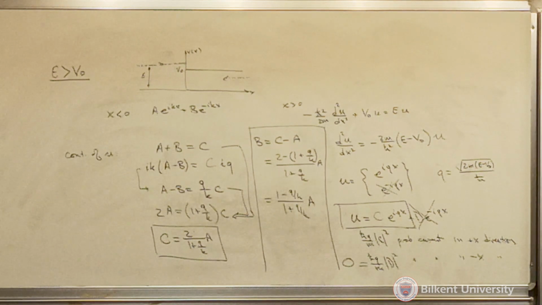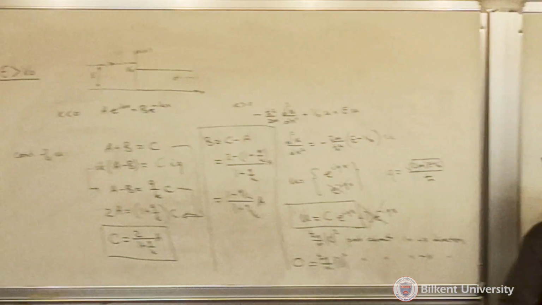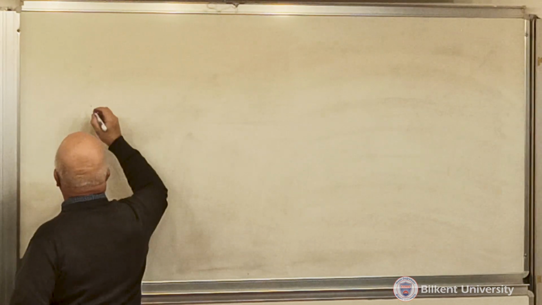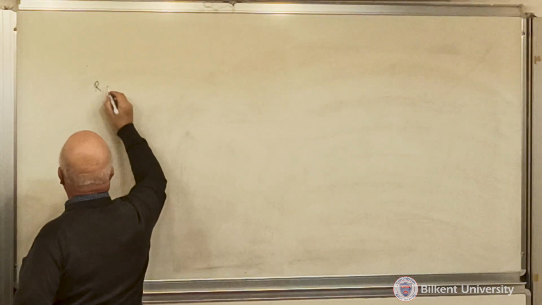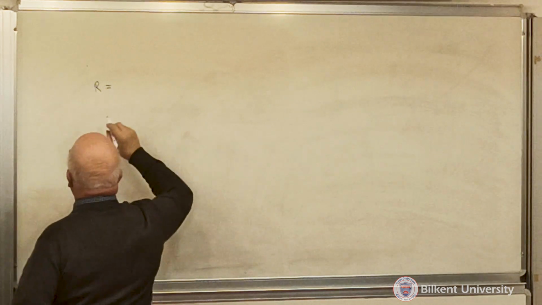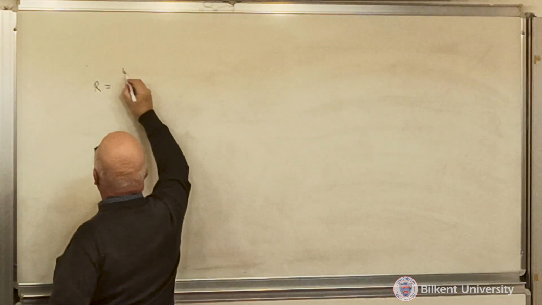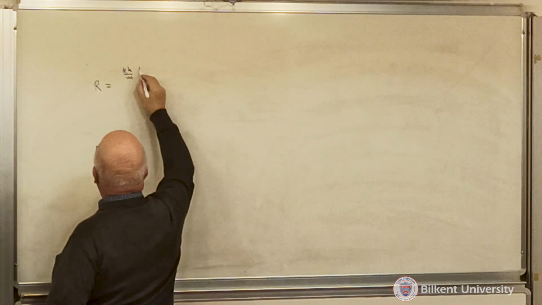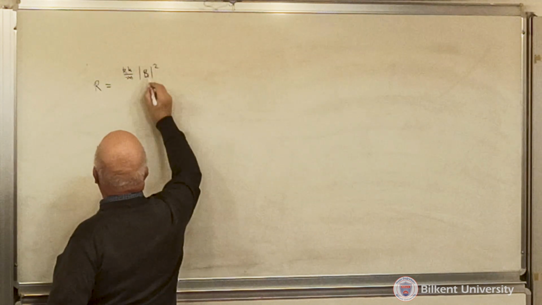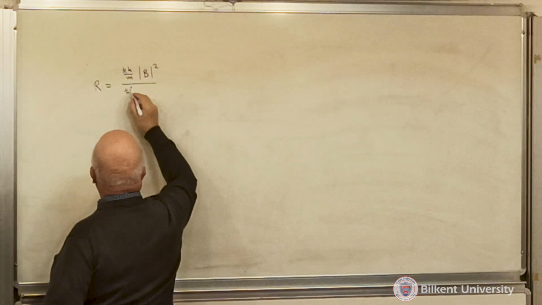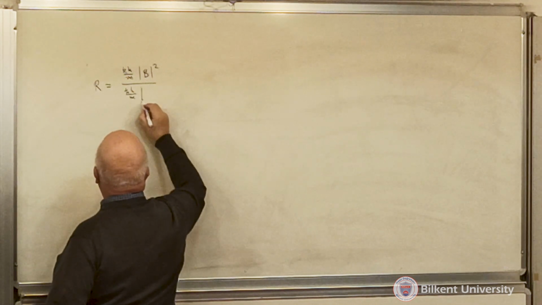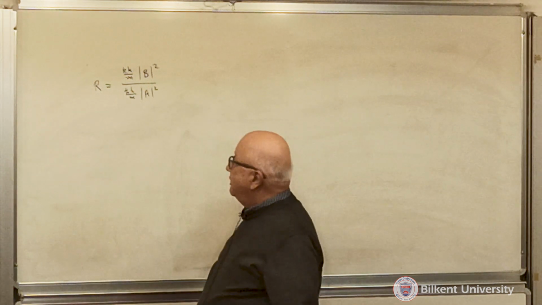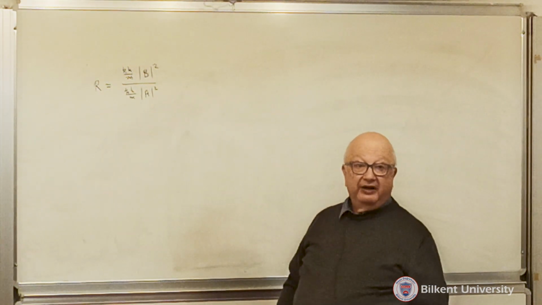Where are we? So let's look at the reflection coefficient. What is R? R is, remember, the current, which is h bar k over m magnitude of b squared divided by h bar k over m magnitude of a squared. So this is the incident wave, that is the reflected wave.